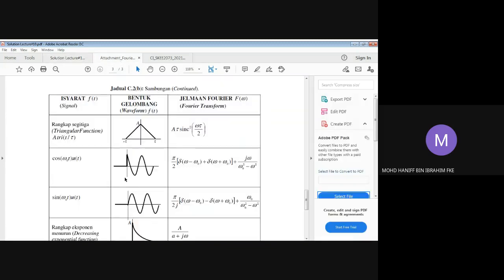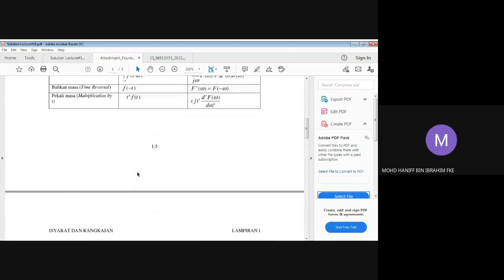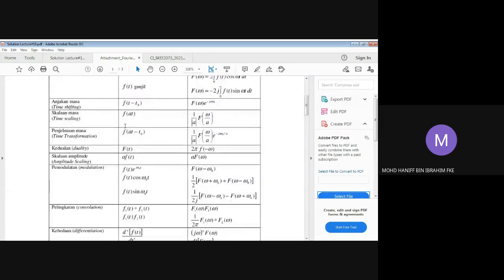Okay, so to make it clearer for us, let's have a look at this scaling of time. Remember, this is the equation: if we have f of at, a is a constant, the respective Fourier transform will be 1 over the modulus of a, and we have a transform of omega divided by a.